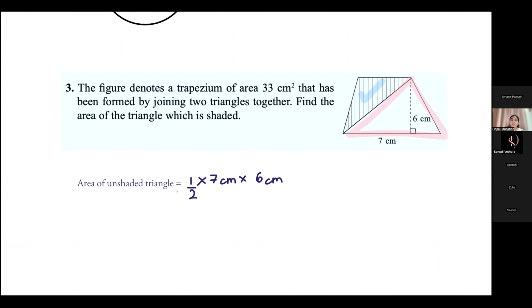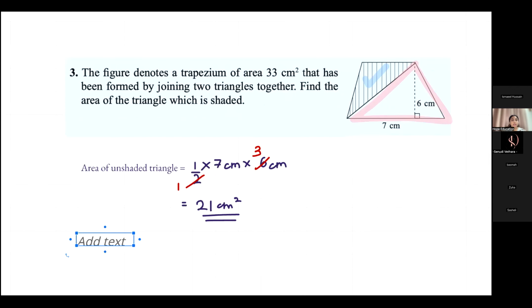2 times 1 is 2, 2 times 3 is 6, 3 times 7 is 21 square centimeters. So if this is 21 square centimeters, from the total, if you subtract that, you will get the area of the shaded triangle.